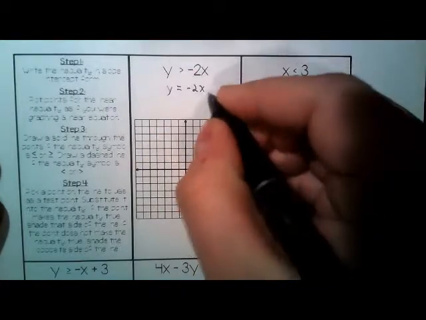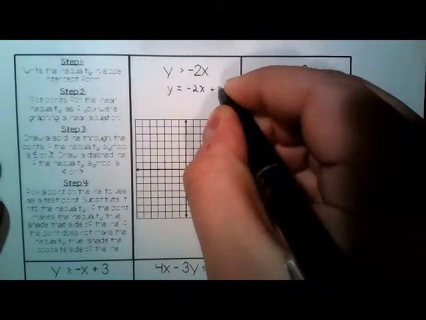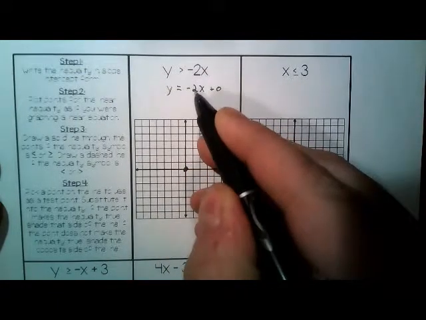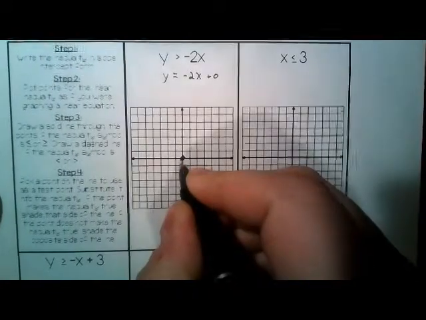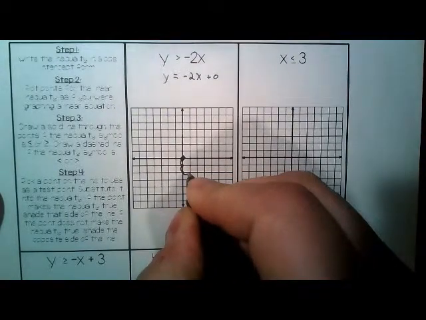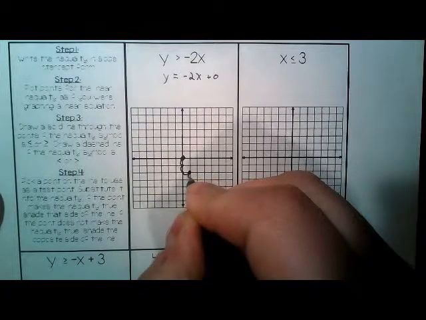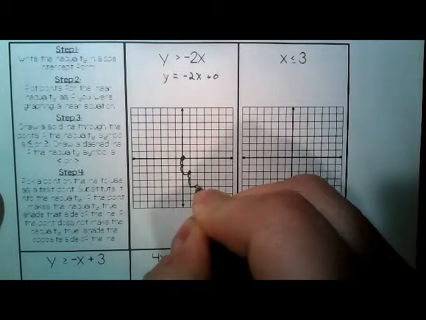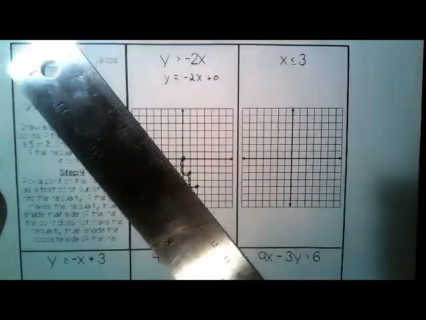What's the y-intercept here? It's hidden, so we start at 0. My slope is negative 2, so that means I'm going down 2 and to the right 1. Down 2, I've used my negative, to the right 1. So I have this line here.